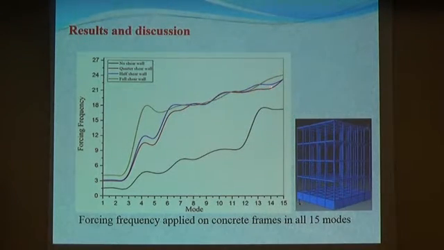But the interesting point is that when we have the quarter shear wall at the center, the fluctuation of the forcing frequency will be smoother than with the quarter, half, and full shear wall.